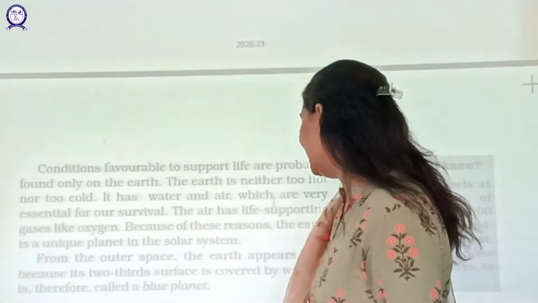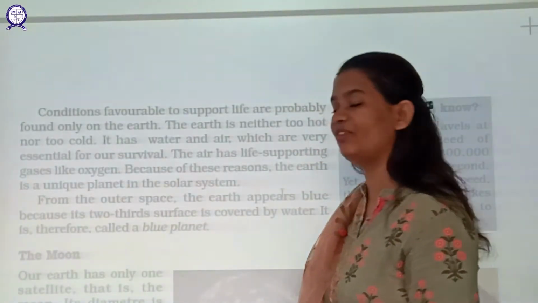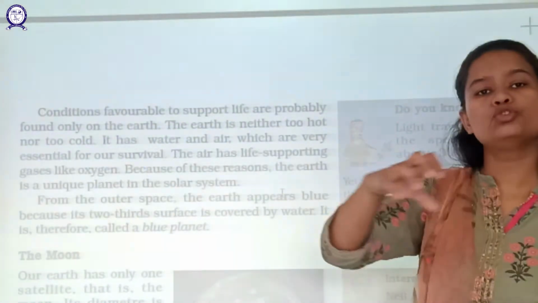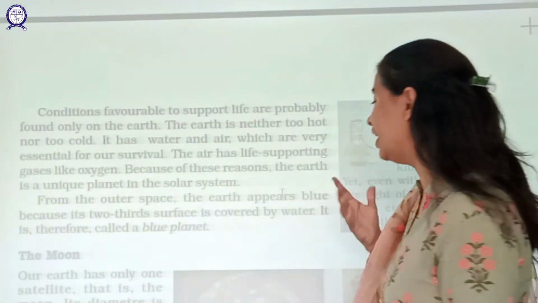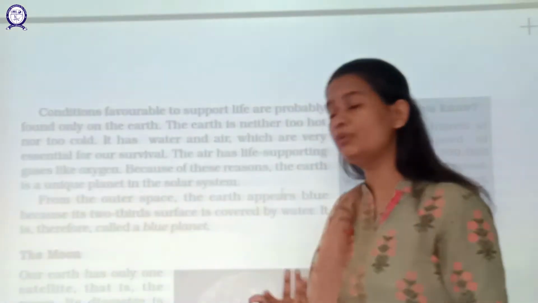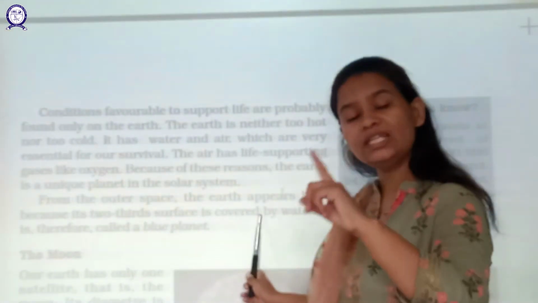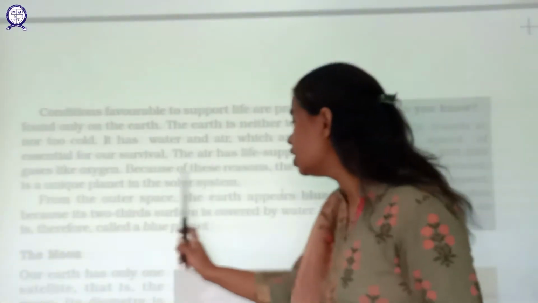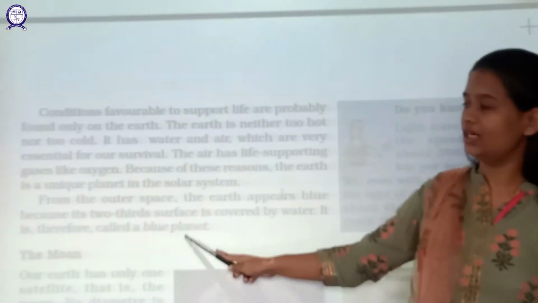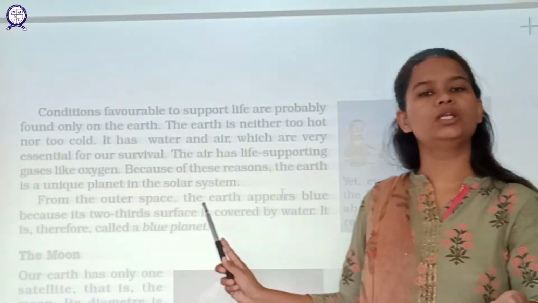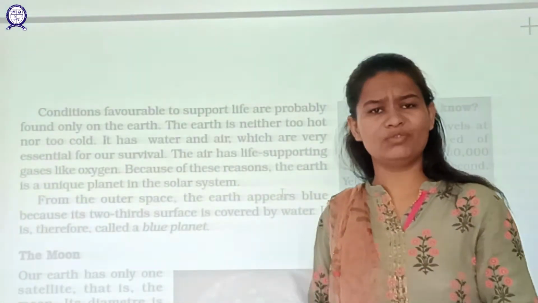Now the question is why Earth is called a blue planet? When we see Earth from space, it is observed as blue in color. Why is it observed as blue in color? Because out of the total surface of the Earth, 2/3 is covered with water. We are not saying fresh water, saline water, or what kind of water.